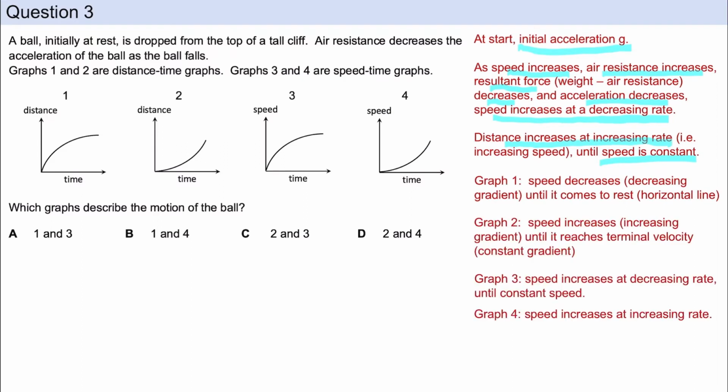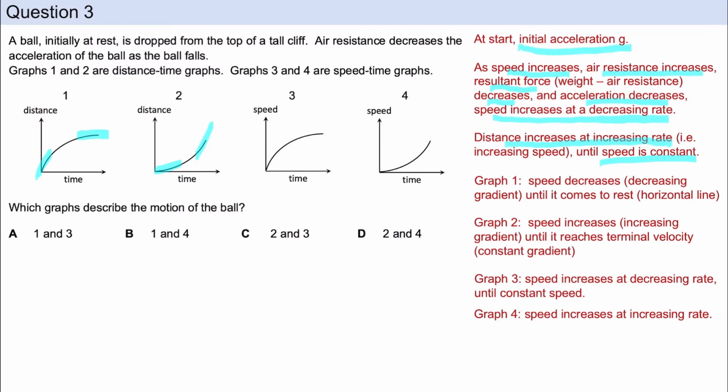Looking at these 4 graphs, in graph 1, the initial speed is very fast, and it becomes constant or zero speed. But in graph number 2, the speed increases until it becomes constant speed.